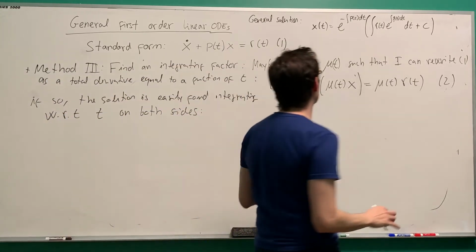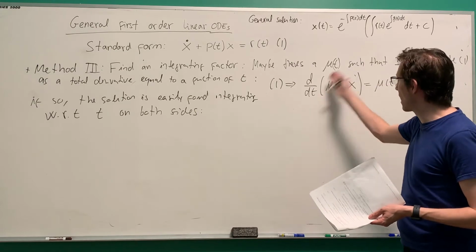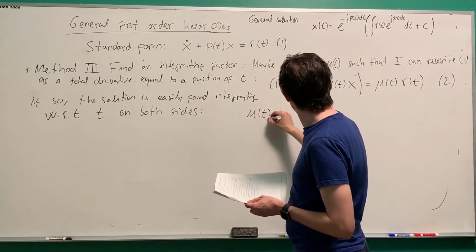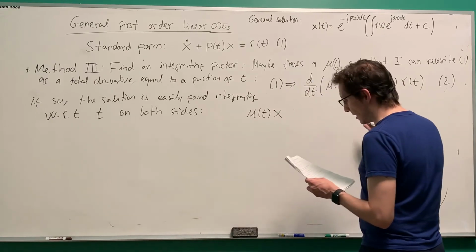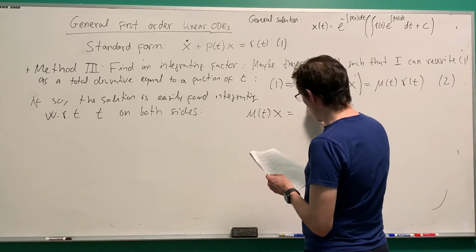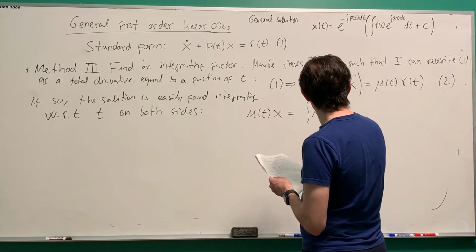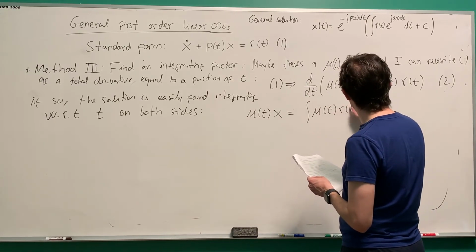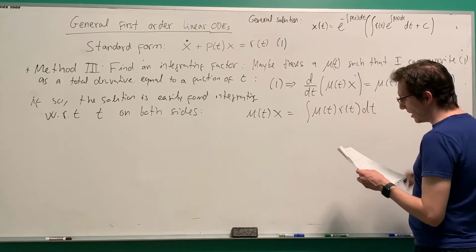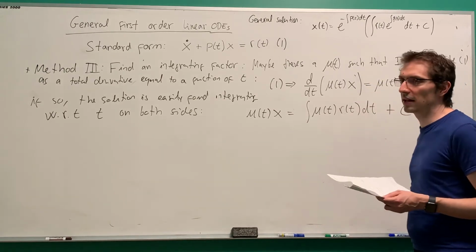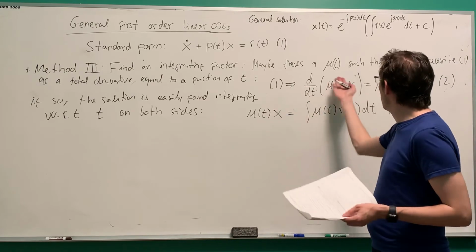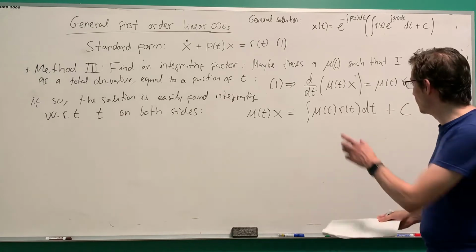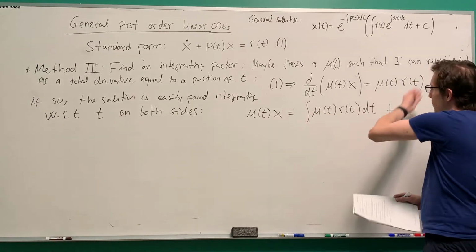If I integrate the left-hand side with respect to t, it cancels the derivative, and that gives me mu of t x. On the right-hand side, that would give me the integral of mu of t r of t dt. And let me add explicitly the integration constant. We have one on both sides, we can unify them into a single constant here. So we write this one without the constant, and the constant from this one we call c.